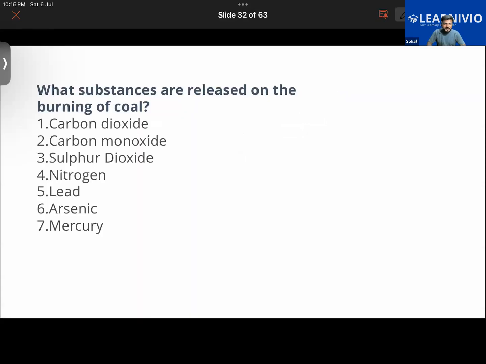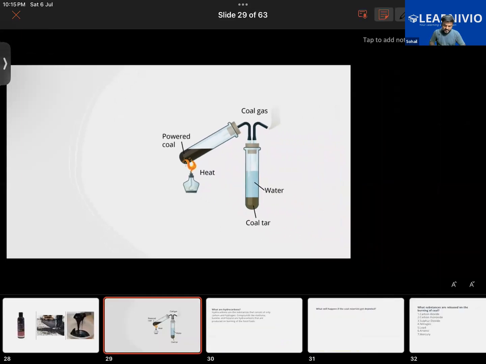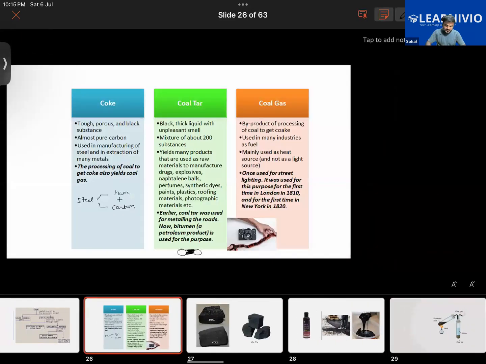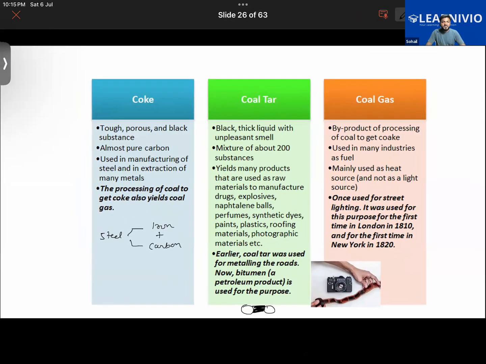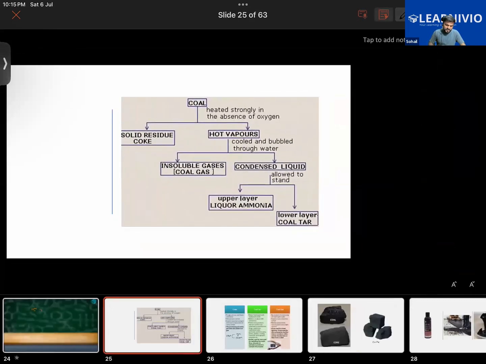Okay. Then what about coal gas? Coal gas is also one of the components which we obtain from destructive distillation. This is a byproduct of coal to get coke. Why are we calling it a byproduct?